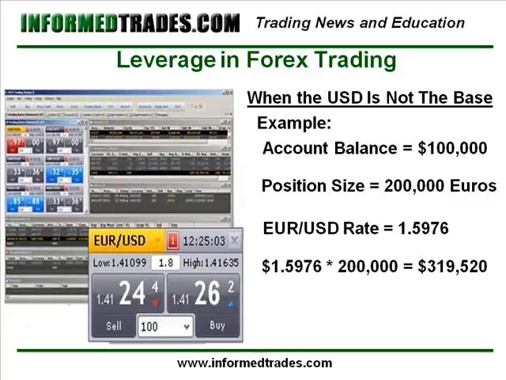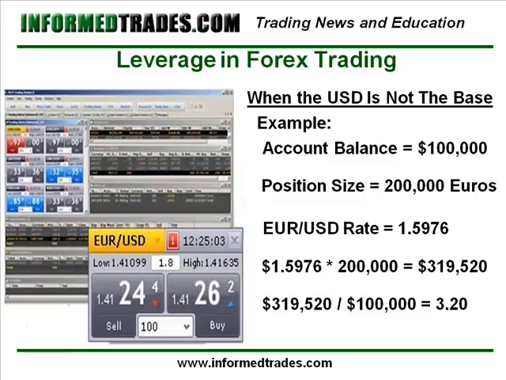Now that we know our position size in US dollars, to get the amount of leverage utilized on this trade, we simply divide the $319,520 position size by our $100,000 account balance, which gives us a leverage ratio of 3.2 to 1.